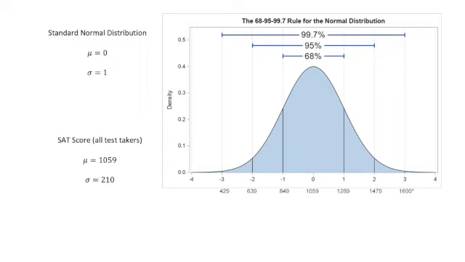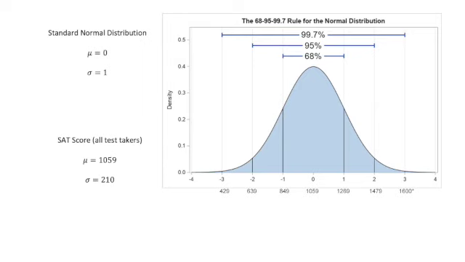If you were at the 1479 score, you know that you've scored better than 95% of test takers on the SATs. So the interesting implication for statistical analyses here is to think about statistical significance, which in terms of the SATs would mean, did you perform exceptionally well or exceptionally poorly on the SATs?